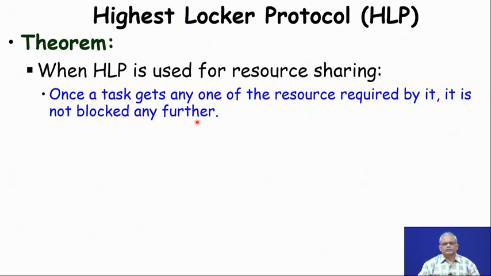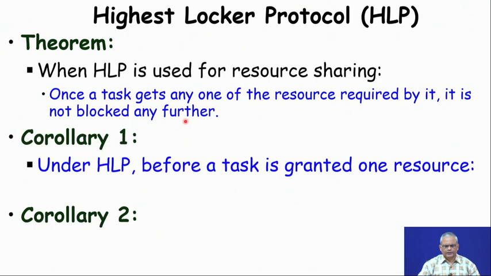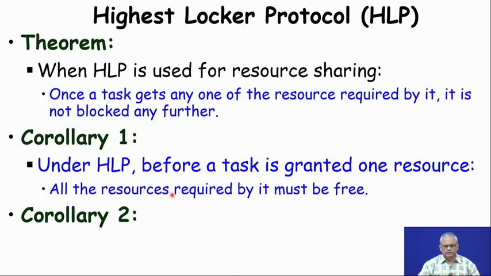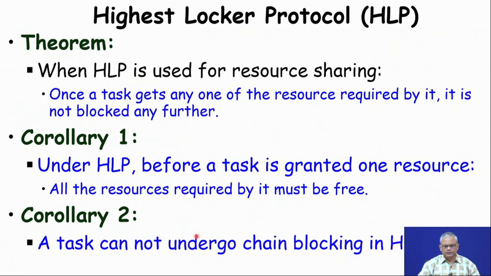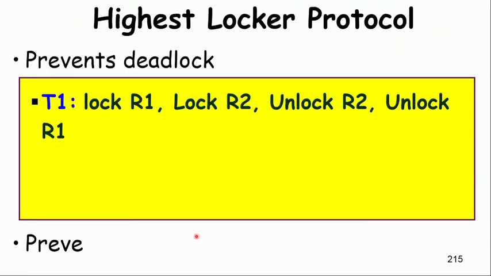But then the task holding the second resource, its priority does not drop below the task waiting for the resource, because the resource ceiling value must be greater than the task that is requesting the resource. Therefore, it is easy to see that under highest locker protocol, chain blocking cannot occur, and therefore, before a task is granted one resource, all resources that it requests must be free, and it cannot undergo chain blocking in the highest locker protocol.